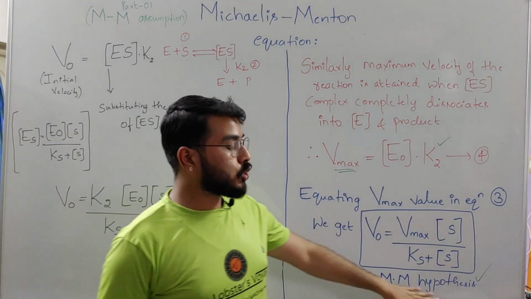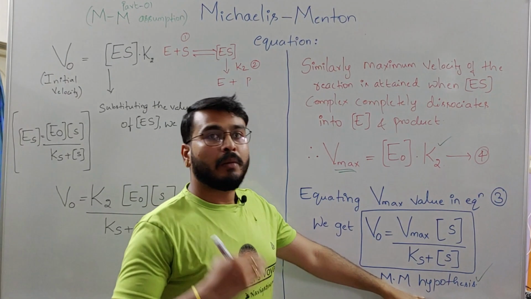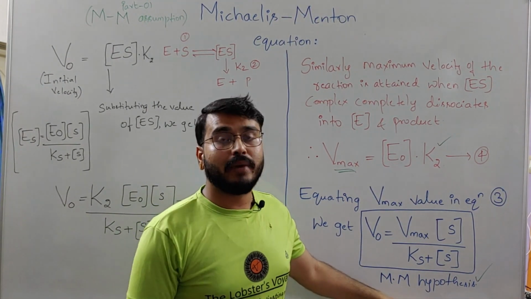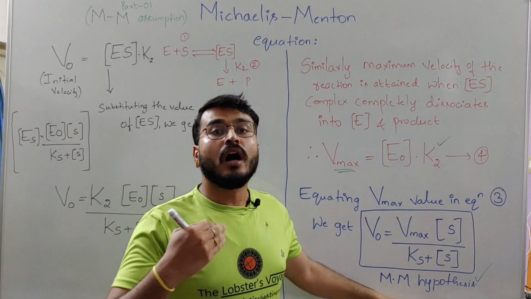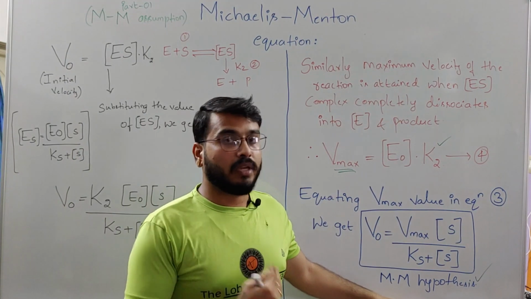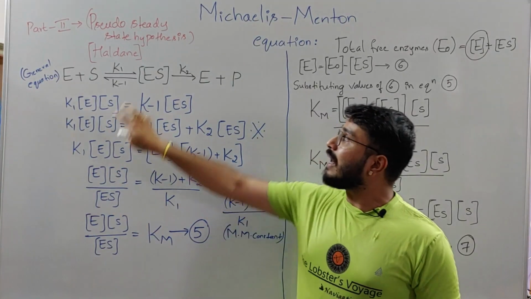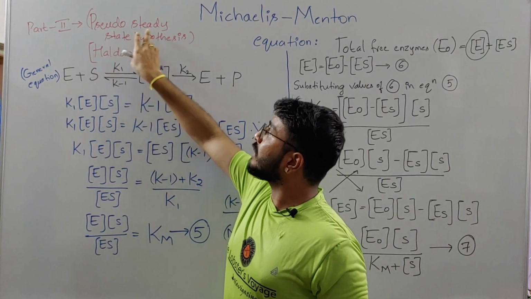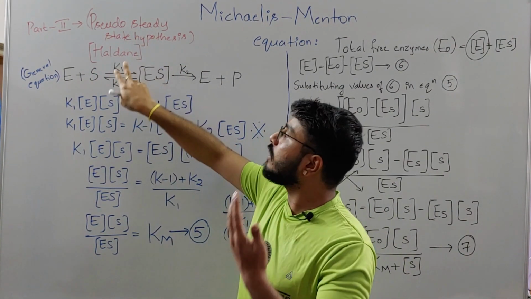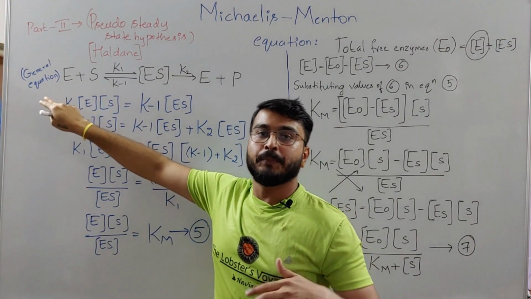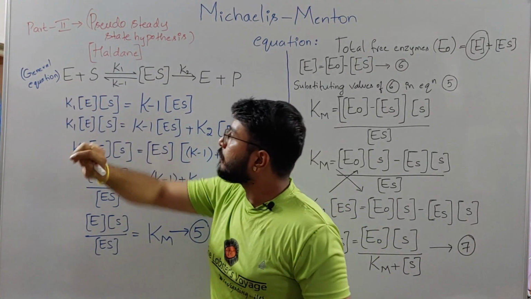Actually Michaelis-Menten stopped the equation right here, but it was continued by another scientist in part 2 of the Michaelis-Menten equation, that is called Haldane's principle. Now let us look into the second part of the chemical reaction. The second part moves ahead with Haldane's principle of pseudo-steady state hypothesis, wherein he has considered an extra factor from the same general equation that was considered by Michaelis-Menten.